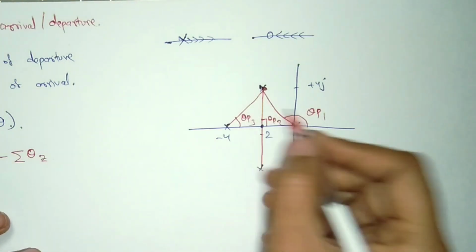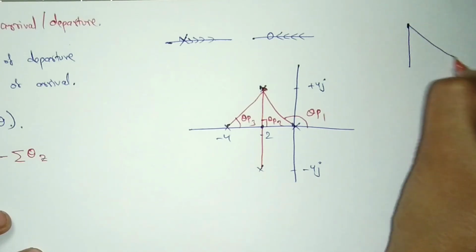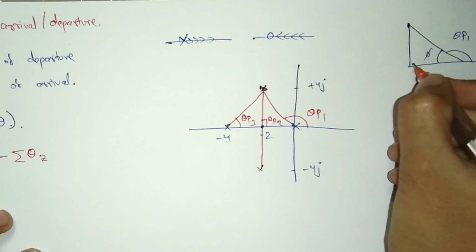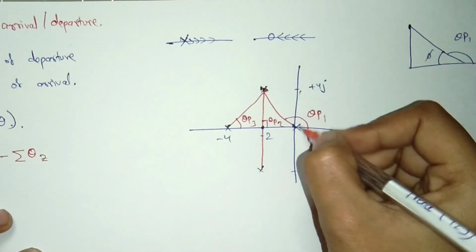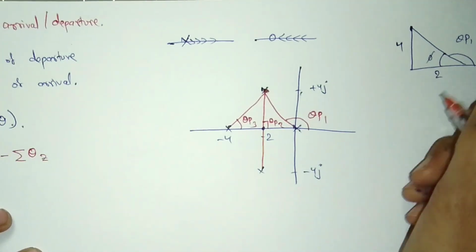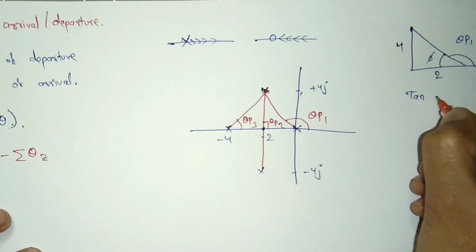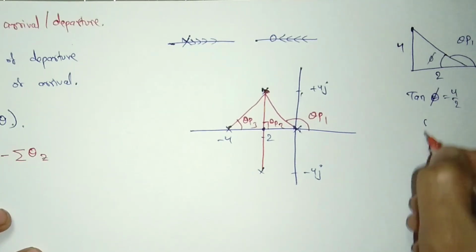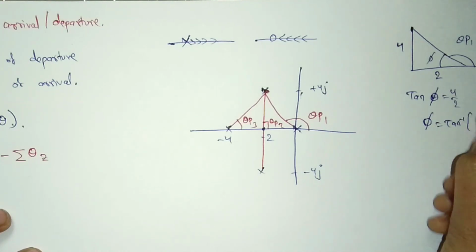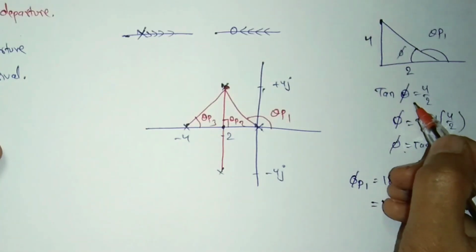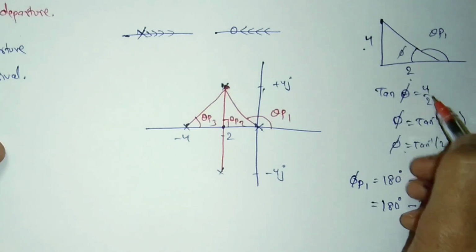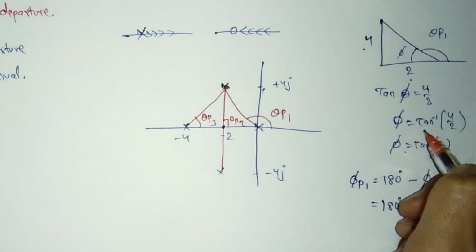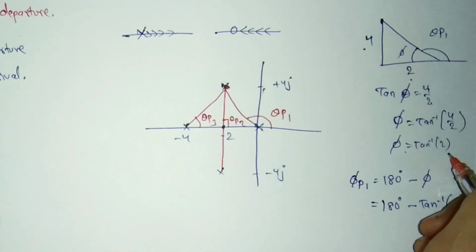So here we can see, if we consider that triangle, this is theta p1. Let's consider it as phi. And this distance is 4 and this distance is 2. So to take tan, we will take 4 by 2. Tan phi is equal to 4 by 2, so phi is equal to tan inverse of 4 by 2, that is tan inverse of 2.